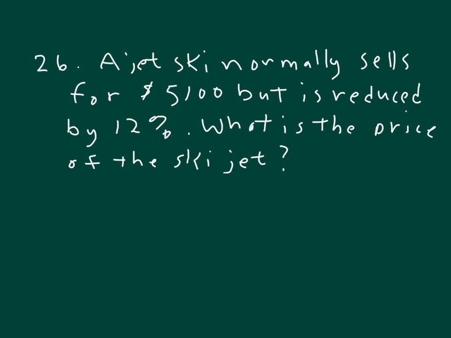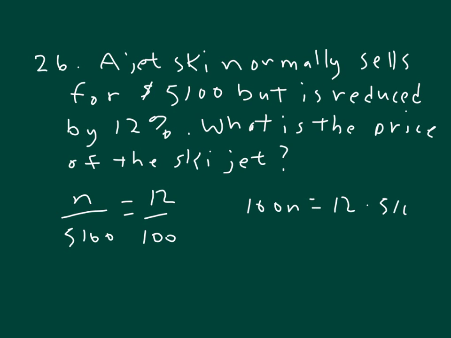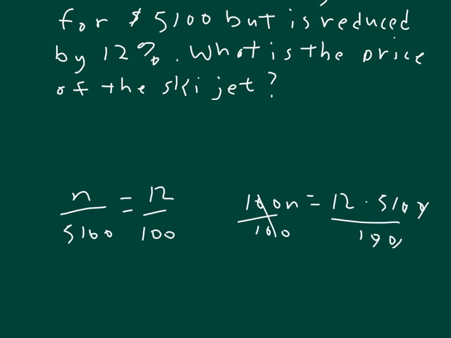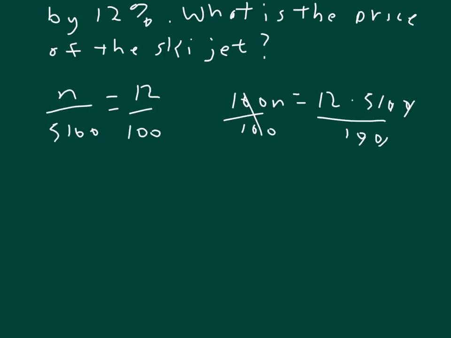Well, it's actually going to be a cross product. So we're going to say the whole thing is 5,100. We don't have the part, that's the amount of the discount, but it's 12%, 12 out of 100. So 100N equals 12 times 5,100. Divide both sides by 100, like this. So it's going to be 12 times 51. But the 12 times 51 is going to be the discount amount, and I'm going to have to subtract that from 5,100 once I calculate it.